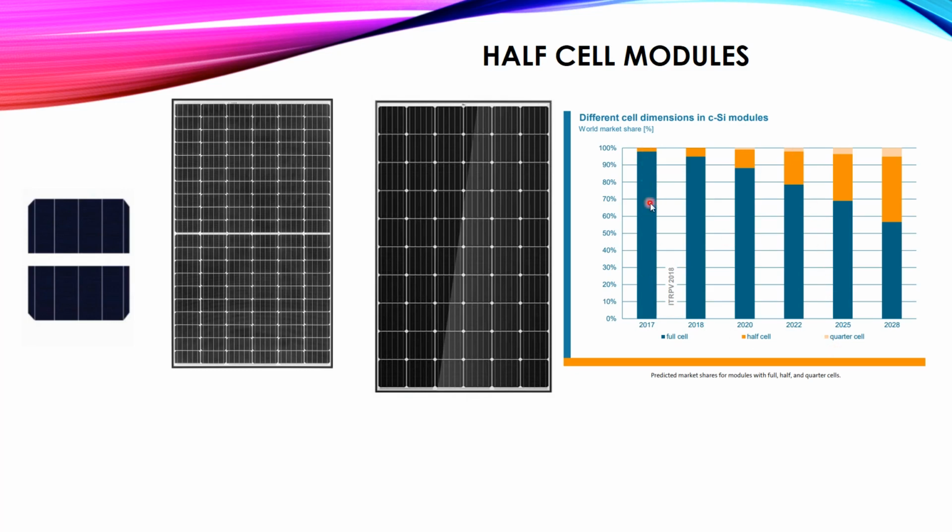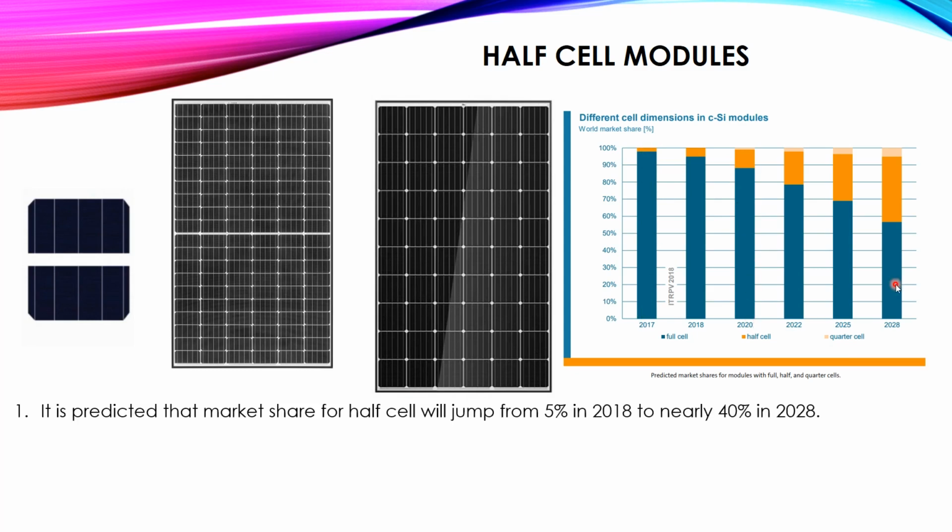At the beginning in 2017 we had only 4%. As time passes, the percentage of the half cell will increase. We predict that the market share for the half cell will jump from 5% in 2018 to nearly 40% in 2028. So this is a huge change inside the market of the half cell modules.